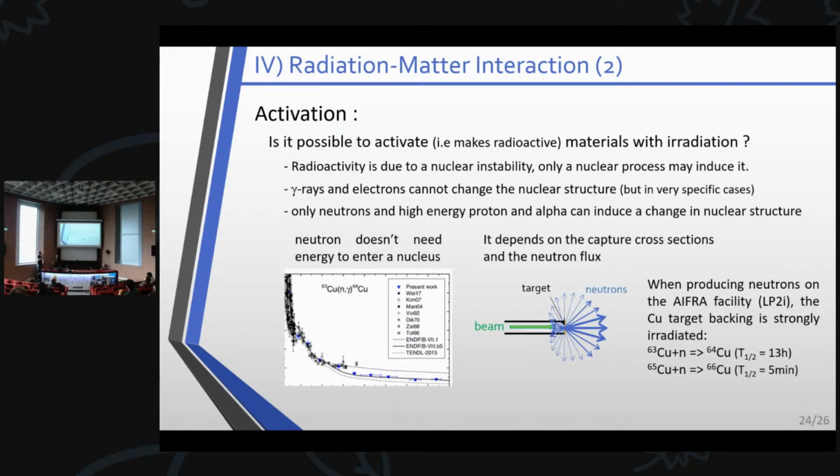So it depends on different parameters, typically on our facility, which is called EFIRA in our lab. When we irradiate copper targets, we will have some activation because we will transmute some copper isotope into other copper isotope which are radioactive.